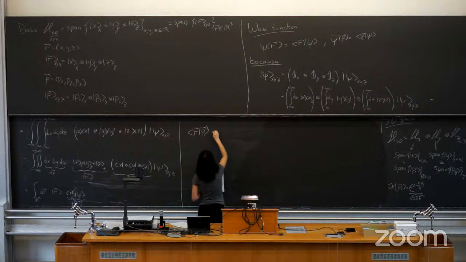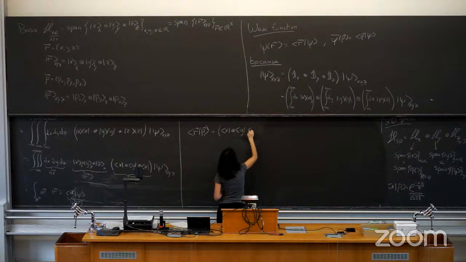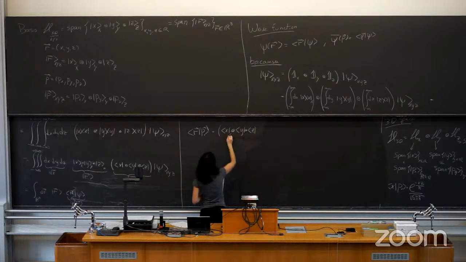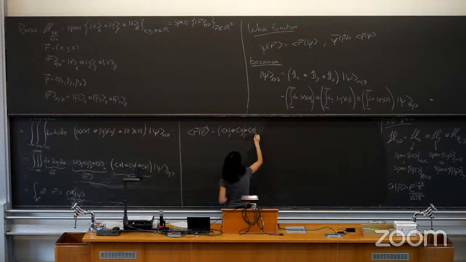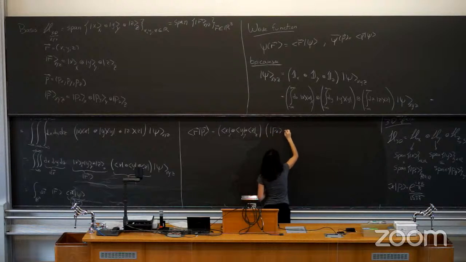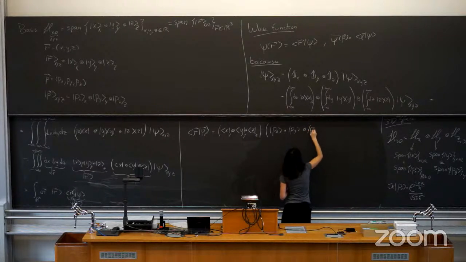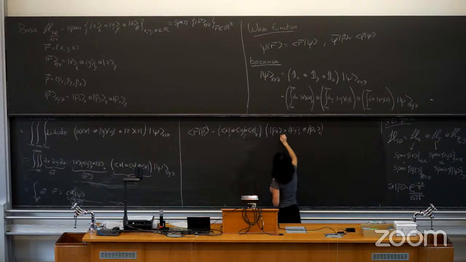Well, this, I just expand them. So this is X, Y, Z, each in their space. And here we have the X, Y, Z, each in their space.